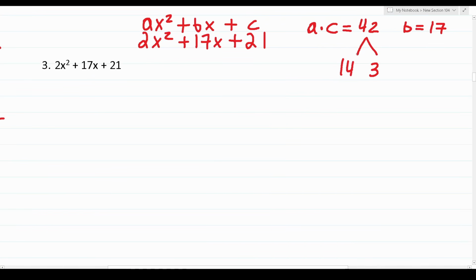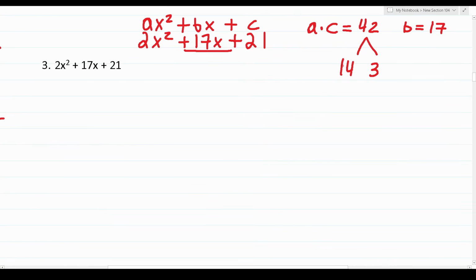Okay? So now that we've identified those 2 factors, we're going to use them to rewrite this middle term so that we can ultimately factor this one by grouping. And we want to rewrite this middle term using both of these factors such that it's very easy to factor by grouping.